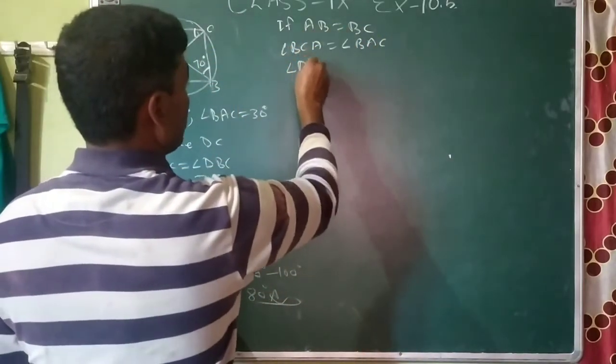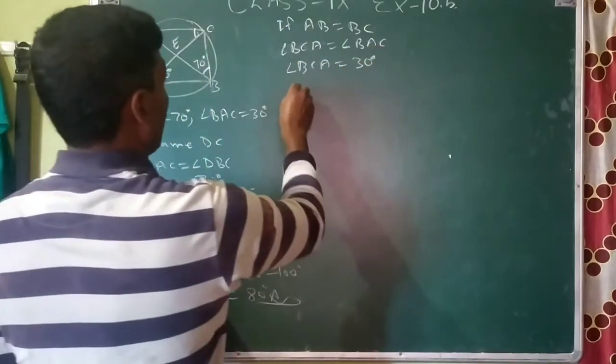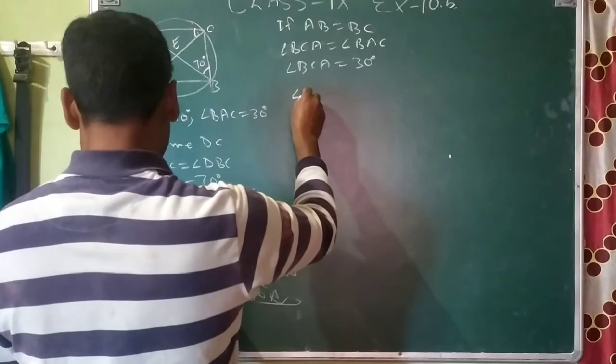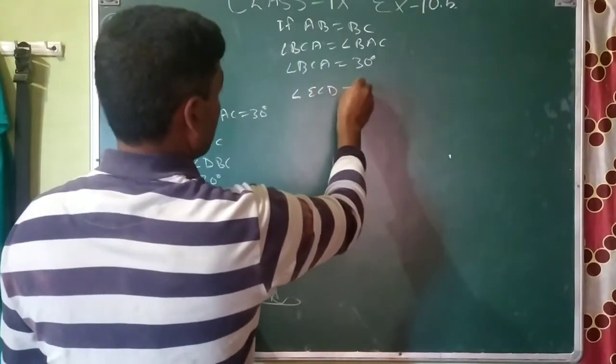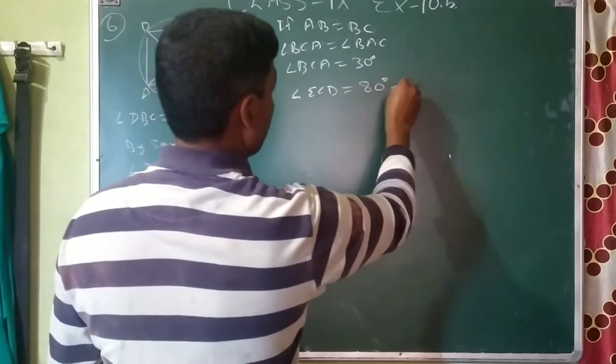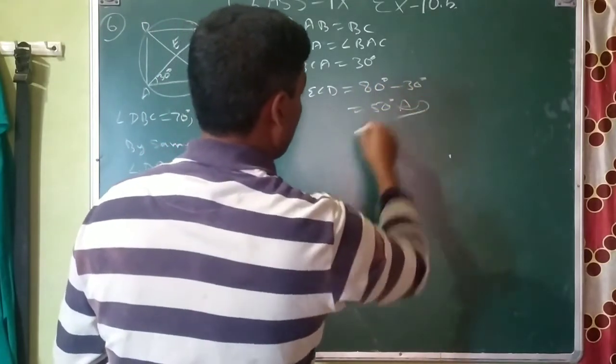So angle BCA is 30 degrees. Now ECD is equal to the total 80 degrees minus this 30 degrees, so 50 degrees. This is the answer.